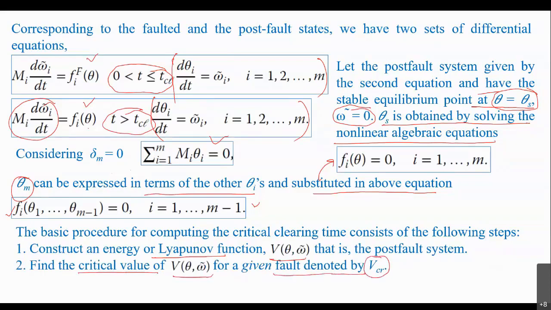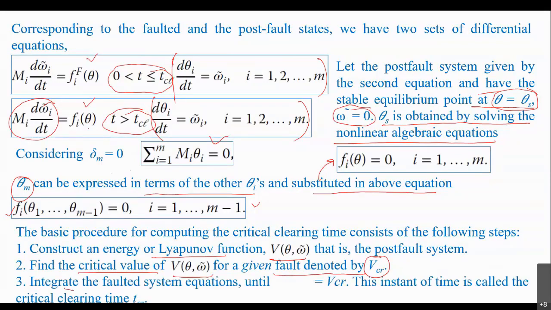This step is very important, finding the VCR, the critical value of this energy function. Then integrate the faulted system equations until V theta omega tilde equals VCR at the critical point. If we equate this and integrate, this instant of time is known as the critical clearing time.